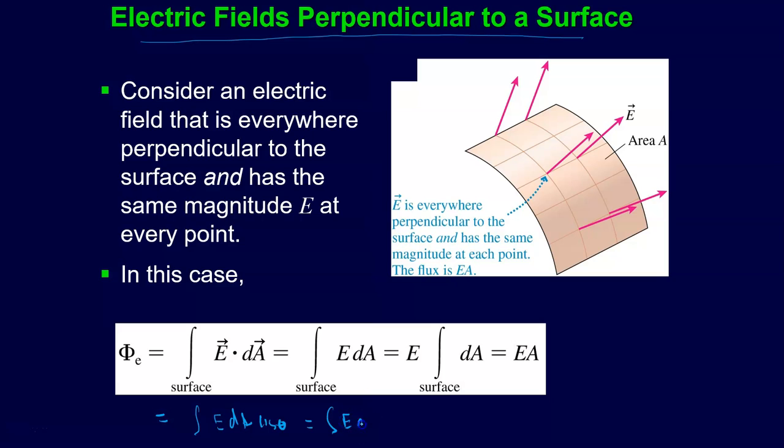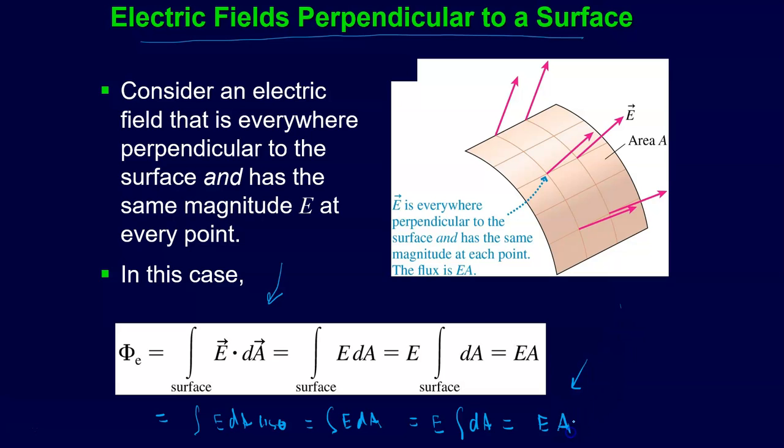This becomes E dA. Furthermore, the electric field is constant, so it can pop outside the integral, and then I get just E times A. So here I have a curvy surface where the electric field is everywhere perpendicular and has the same magnitude. If that's true, then my flux, this really nasty, scary-looking integral, is just the electric field times the area.